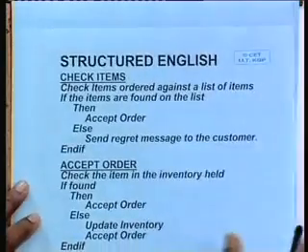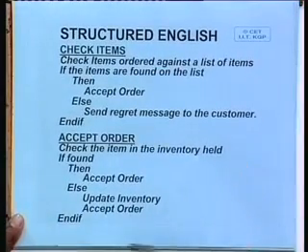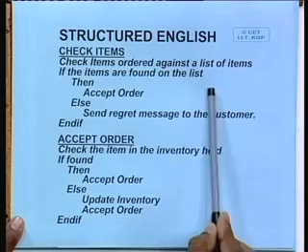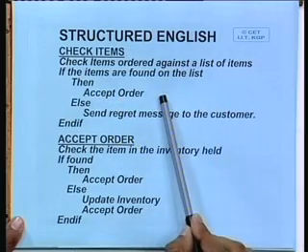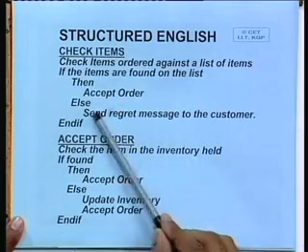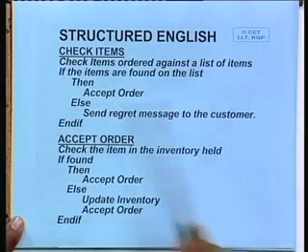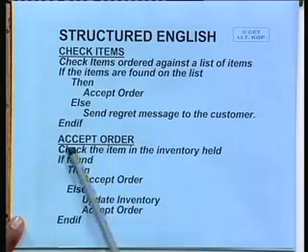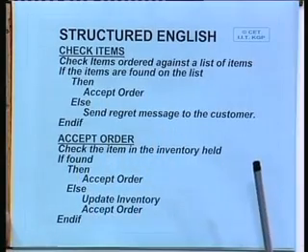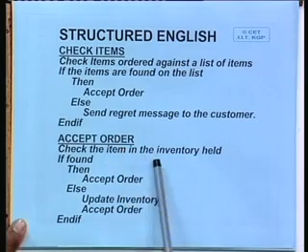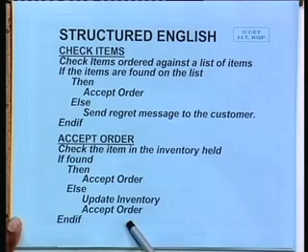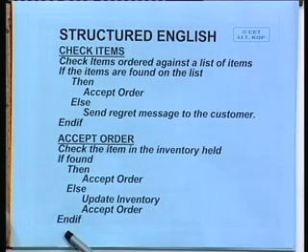Similarly, check items ordered against a list of items: if the items are found on the list, then accept order, else send regret message to the customer, end if. See, accept order is further the next process. What is accept order? Check the item in the inventory held; if found then accept order, else update inventory, accept order, end if.